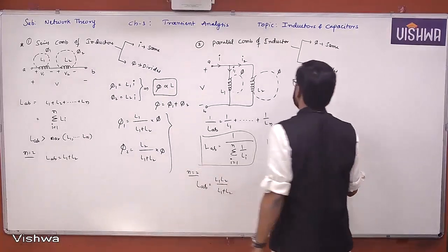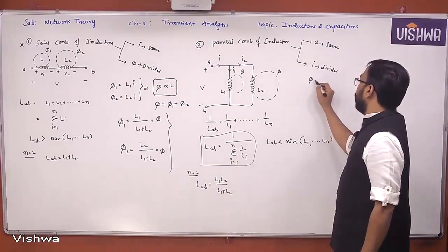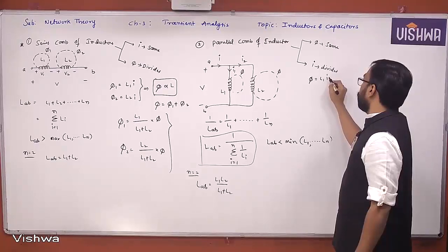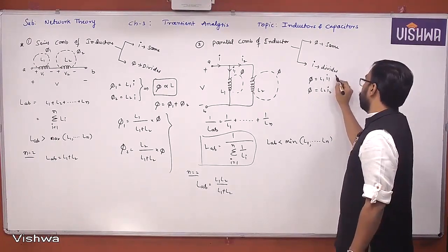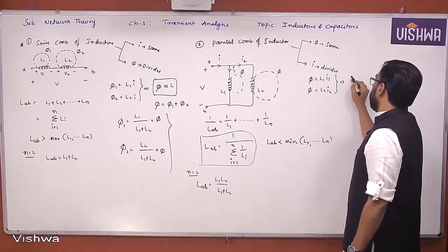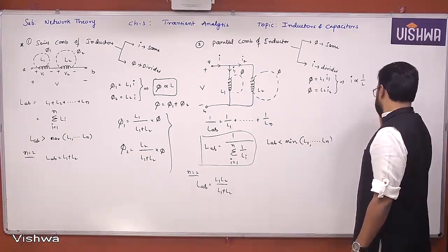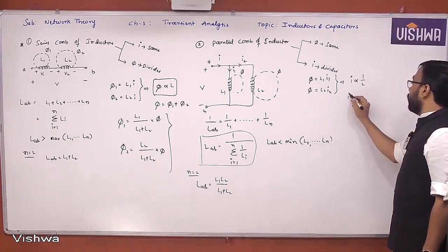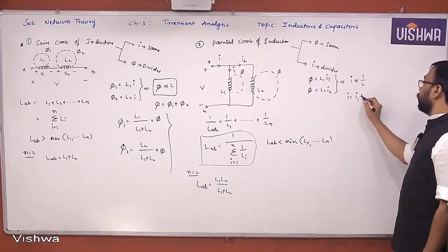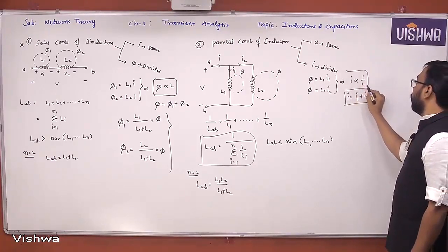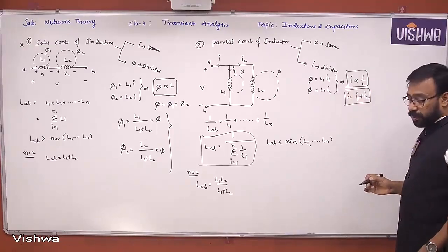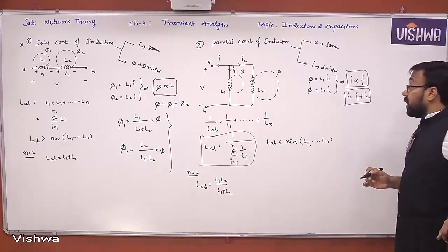Now coming to phi is equal to L1 I1. Same flux in the case of second inductor also. From this we understand I is inversely proportional to L, and I is equal to I1 plus I2. This we already know very well. Current divides in reverse proportional or inversely proportional to the L, yes or no?